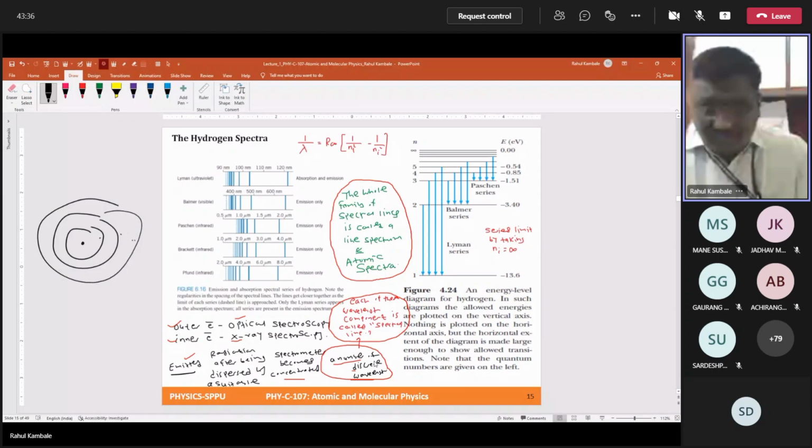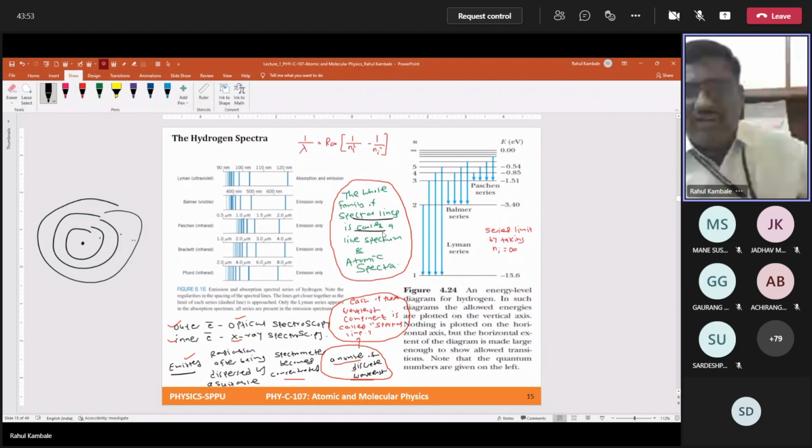In a rainbow, 7 colors are there, and each color gives you a particular lambda, and that is the spectral line for that particular kind of thing. So the whole family of spectral lines is called line spectra or atomic spectra.